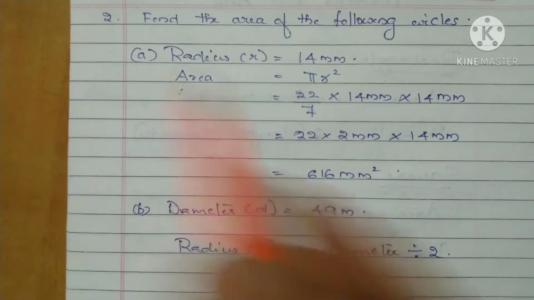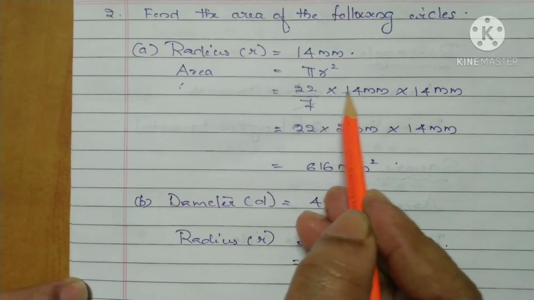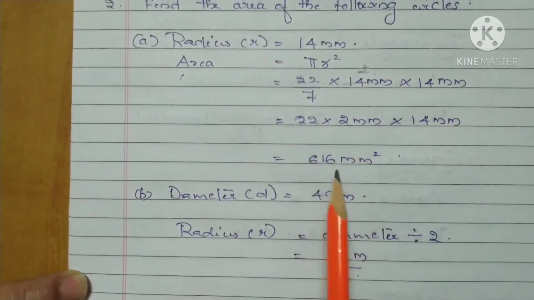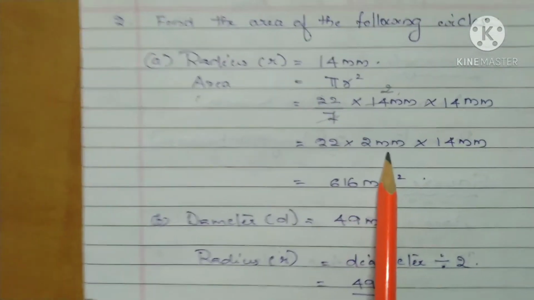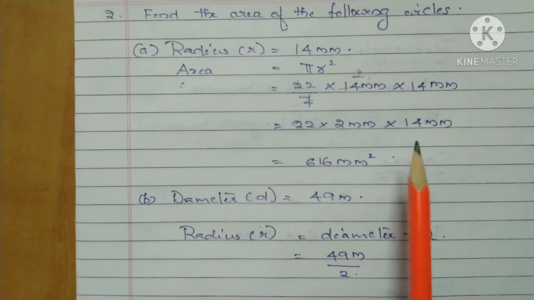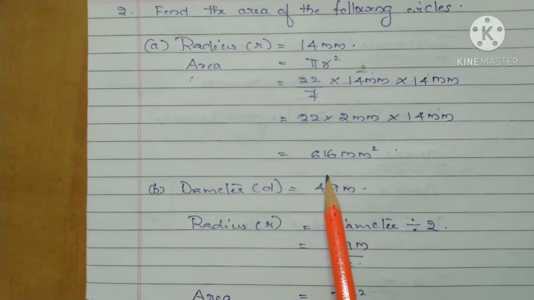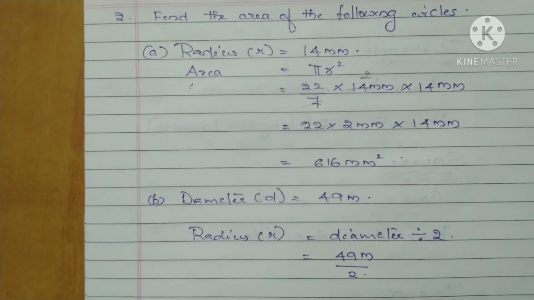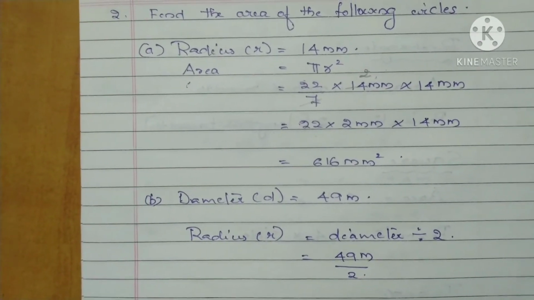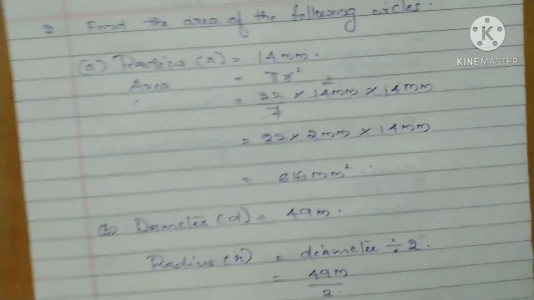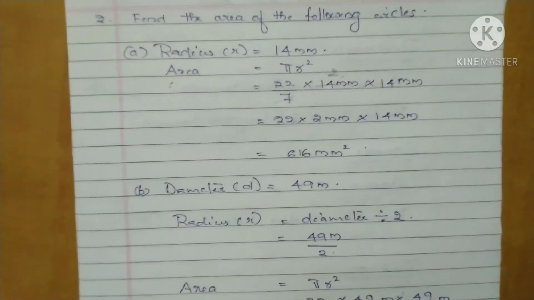Here you can simplify by 7. 7 2s are 14, so 22 into 2 millimeter into 14 millimeter. When we multiply, we get 616 millimeter square. Millimeter into millimeter is millimeter square.